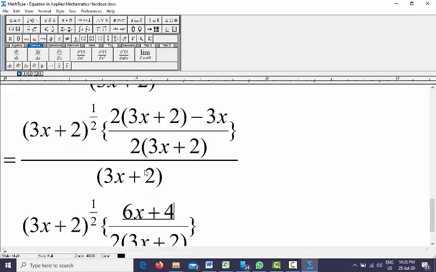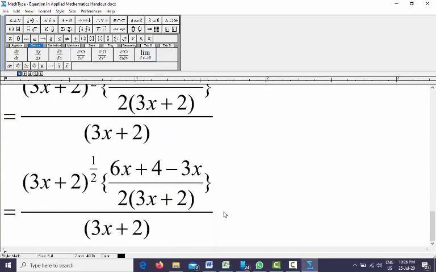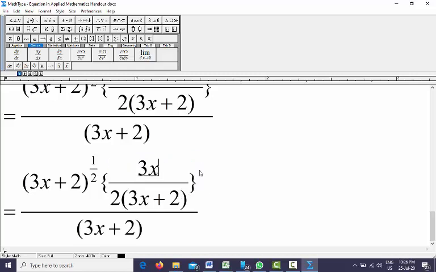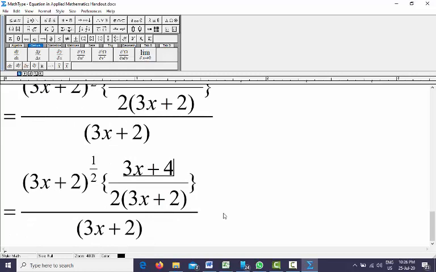So 6x plus 4 minus 3x. Now from the numerator we get 6x minus 3x, that means we have only 3x plus 4 in the numerator. So this is what we got, right?